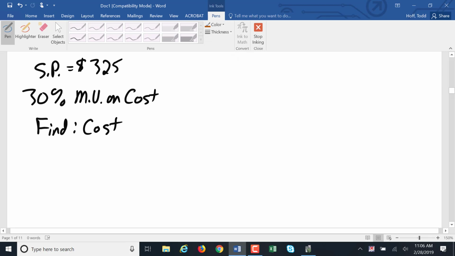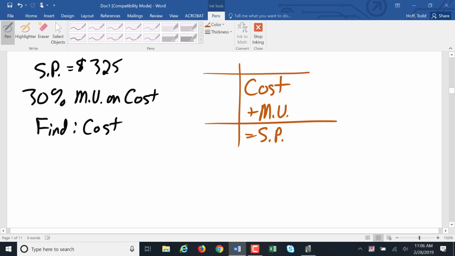So this one seems to be working backwards, and it kind of is, but it's going to be the exact same process. Cost plus markup equals selling price. Notice this table has not changed yet.